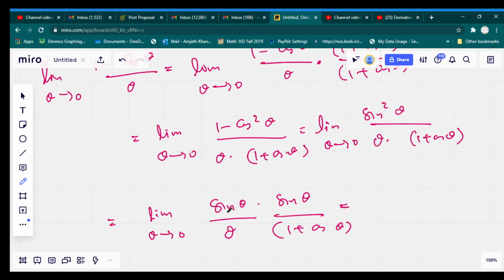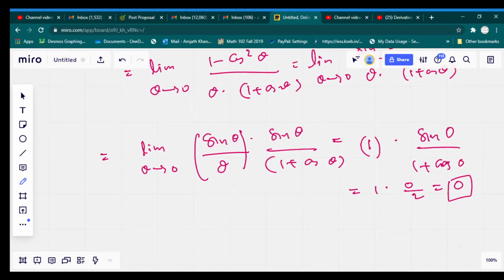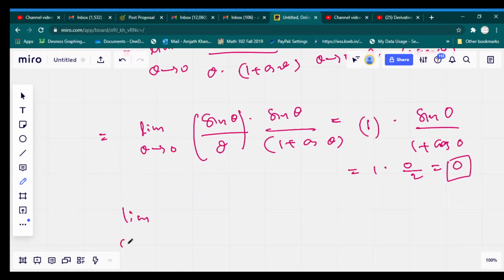The limit of sine theta over theta is 1, as we proved. Then we apply theta equal to 0: sine 0 over 1 plus cosine 0, so that is 1 times 0 over 2, which equals 0. So the limit as theta approaches 0 of 1 minus cosine theta over theta equals 0.